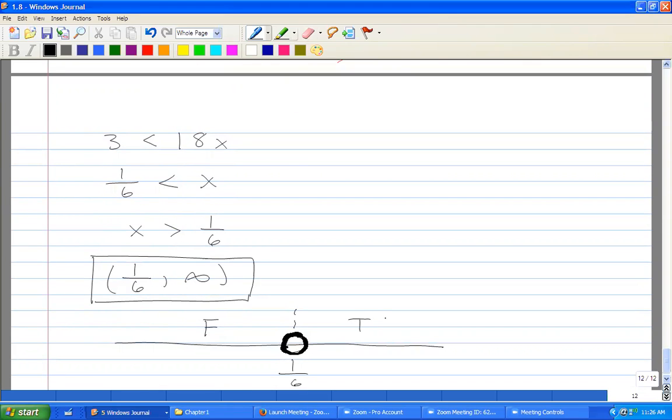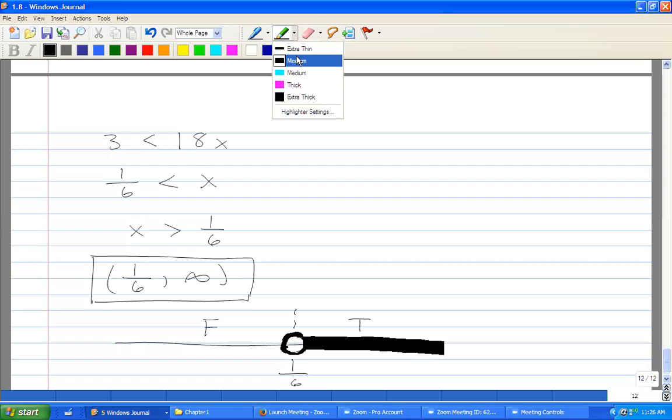And so if I fill this in, I have that this is true, which is what we noted before, of course. And so that finishes off section 1.8, and that finishes off chapter 1.